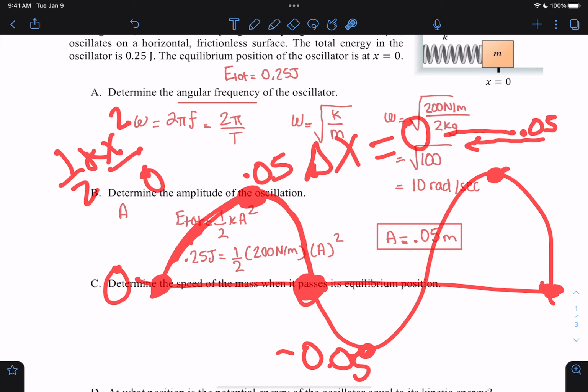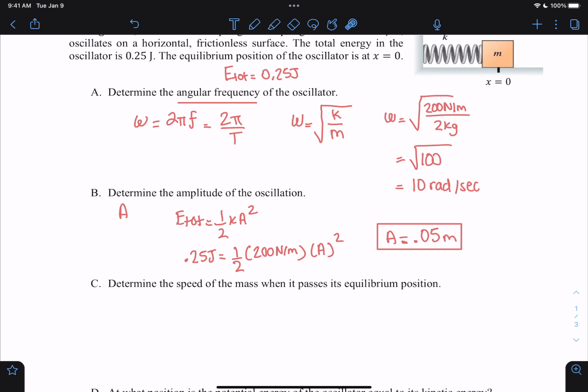Exactly. So there would be 0 spring potential energy at the equilibrium position because it's not stretching and not compressing. But then all of that total energy at the top had to then be converted into kinetic energy.